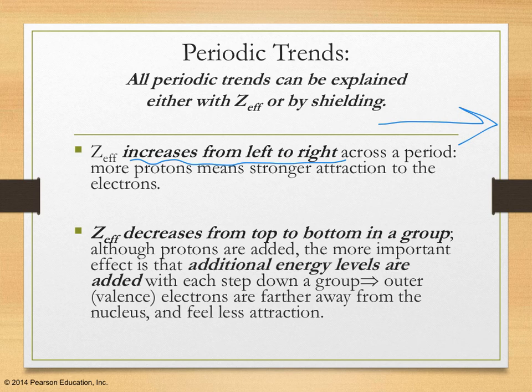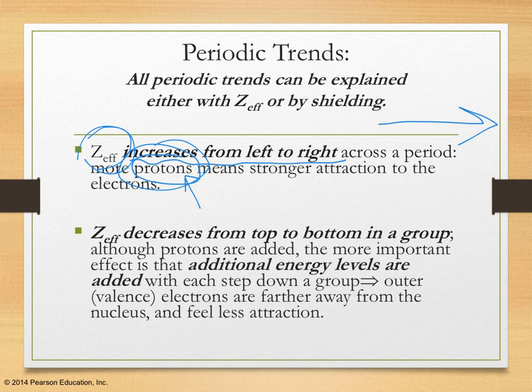A more explanatory way to remember it is that as we go left to right across a period, the number of protons increases one by one by one, and therefore the attraction, or effective nuclear charge, also increases.